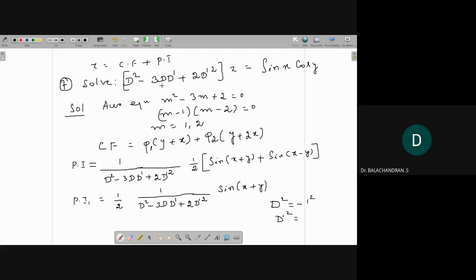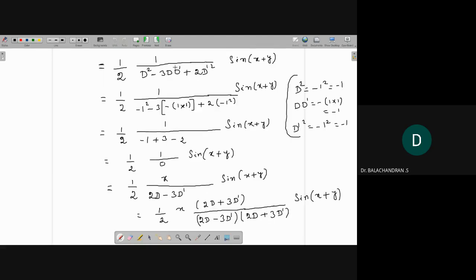First you should write in this order: d square, and then d dash, and then d dash square. The d d dash term is replaced by minus a into b, and d dash square by minus b square, that is minus 1 square.